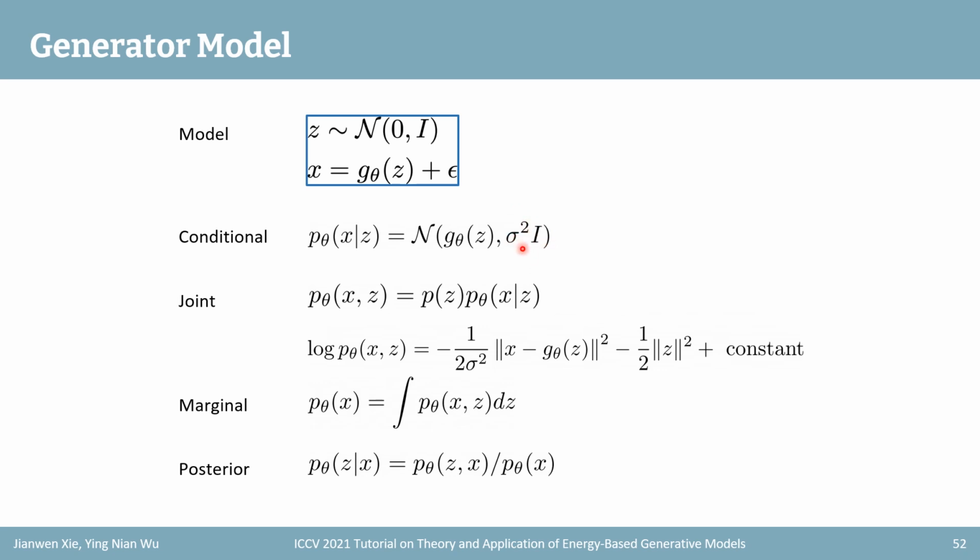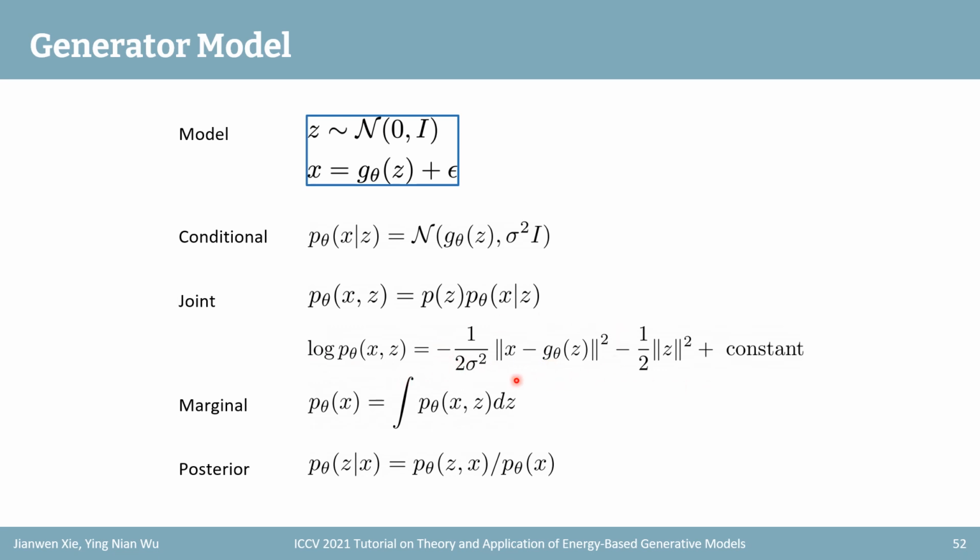Often we just assume sigma squared to be a tuning parameter, and theta parameterizes the top-down network. Then given the prior and the conditional, we can get the joint. The joint distribution of X and latent Z is factorized as the prior for Z times the conditional of X given Z.